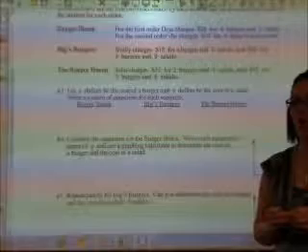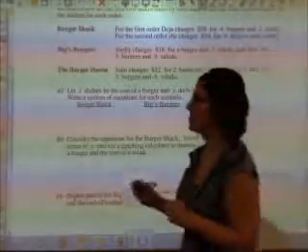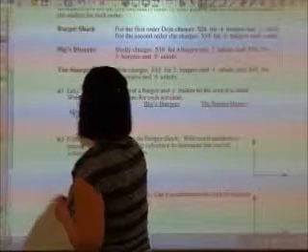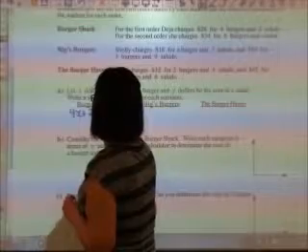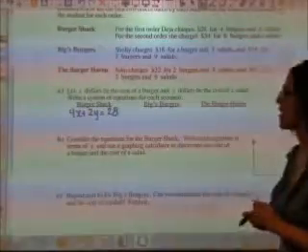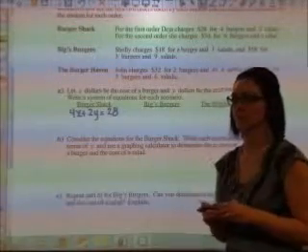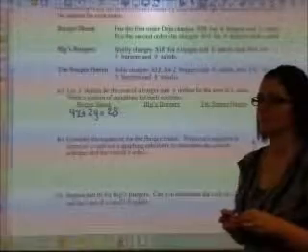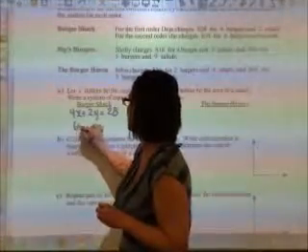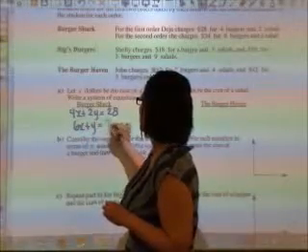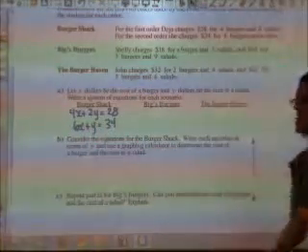So X is the cost of the burger and Y is the cost of the salad. Equals 28. And what would the other equation be? 6 burgers and 1 salad is $34.